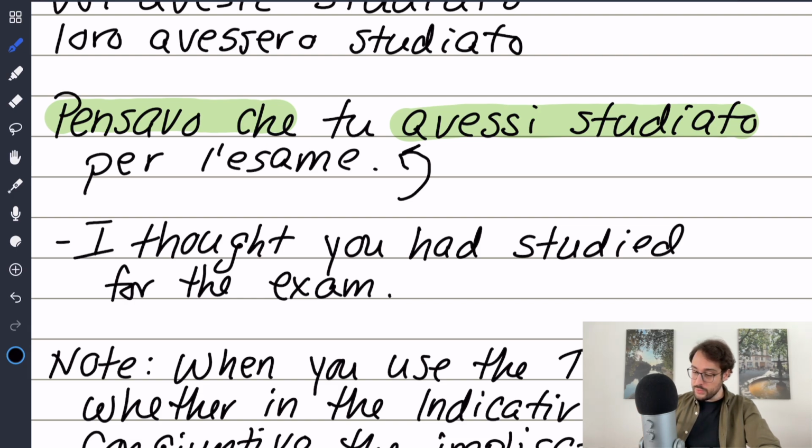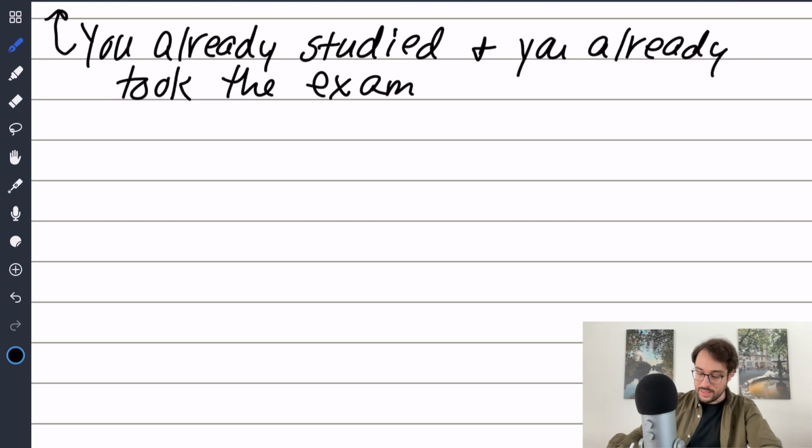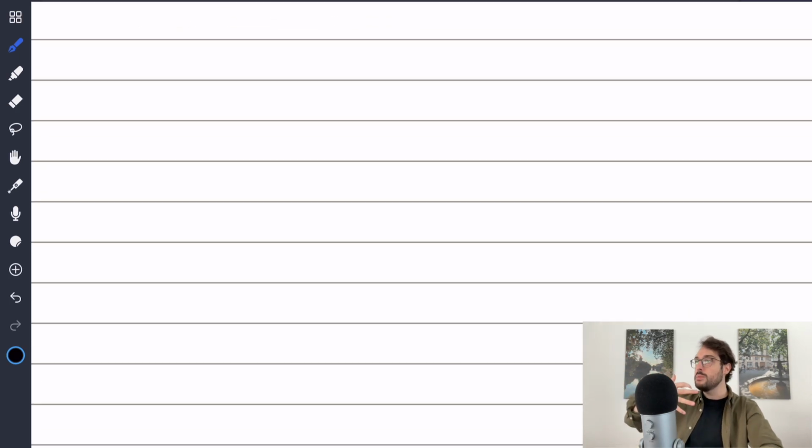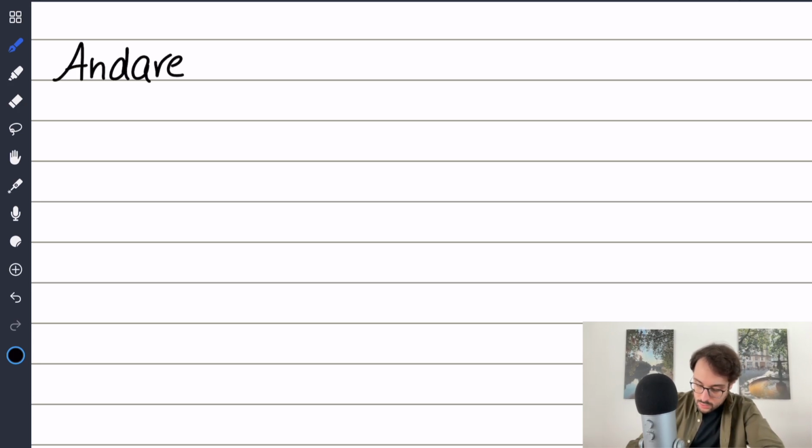Cool. Let's move on to a verb that uses essere, so we can do some gender and number agreement. But now that we've got the formula and the conjugation pattern down, this is going to be nice and easy. Let's use the verb andare, shall we? So andare means to go, and it requires the use of essere.